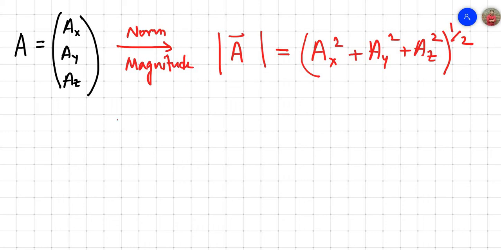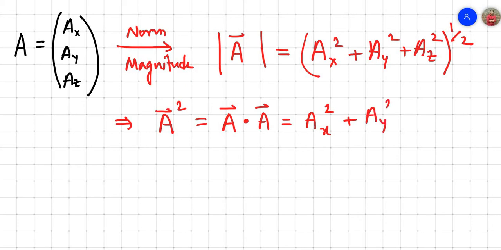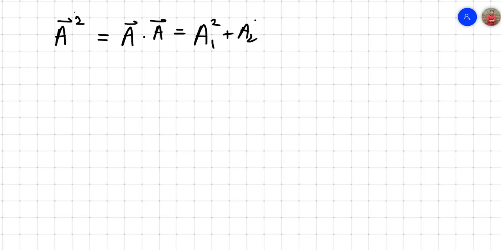And we can actually write the square of the norm by writing it as A squared, which basically means the dot product of A with itself, and that is a x squared plus a y squared plus a z squared. Now, if A was an n-dimensional vector, we write its norm squared as A dot A, which is a1 squared plus a2 squared, and so on up to a n squared.